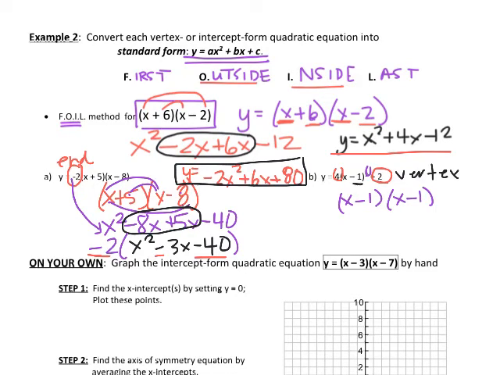And so when I do that, I'm going to do the FOIL method here. X squared minus x, because negative x times x is negative x, another negative x, and a positive 1. Okay, to combine what I have that is alike, I'm going to end up with x squared minus 2x plus 1.